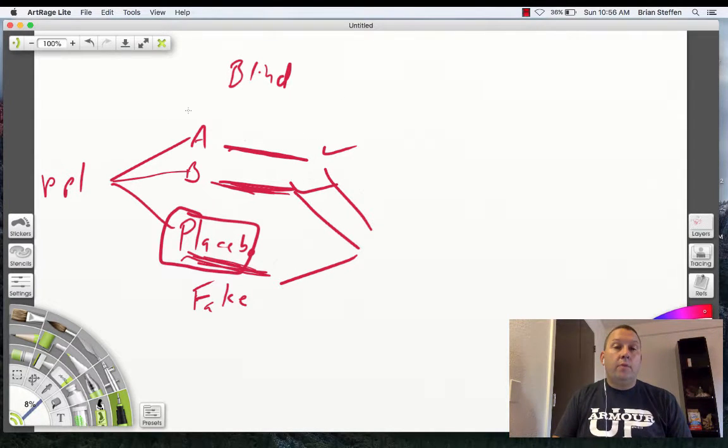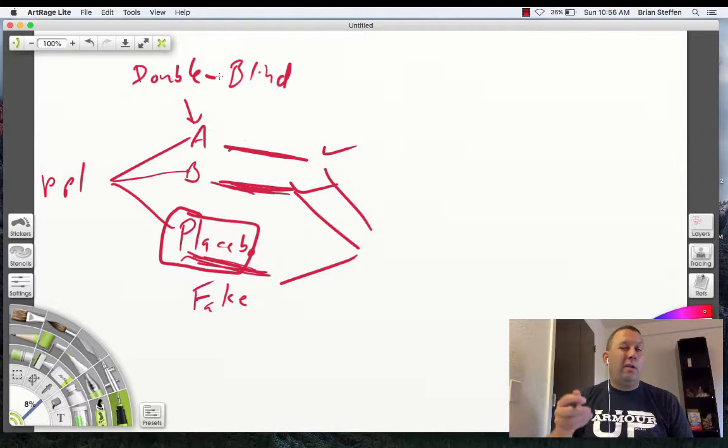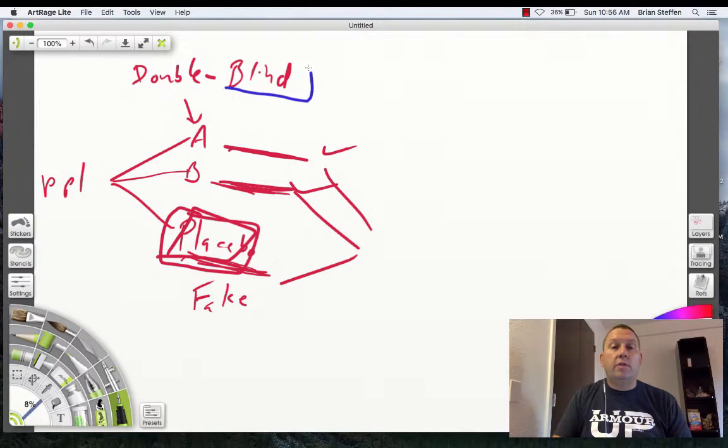All right. Now, if the person giving them the pill also doesn't know, that's what's called a double blind. Because again, you don't want the person giving the pill to be like, hey, here's a pill, wink, if they're giving them the placebo, because that would be counterproductive to what you're trying to do. All right. So when the subject does not know, it's called blind.